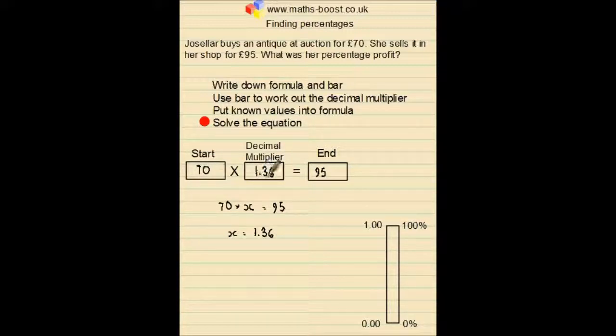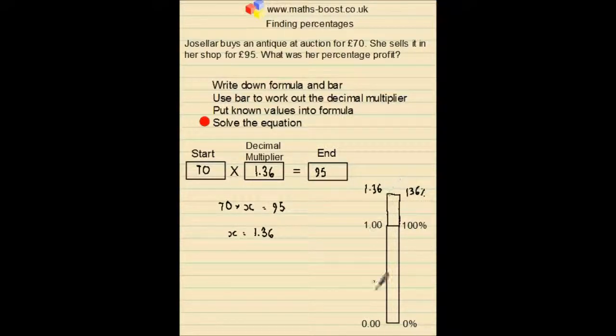Now we're going to put this 1.36 in roughly the correct place on our bar. So 1.36 would go here. And I can see that the equivalent percentage to 1.36 is 136%.